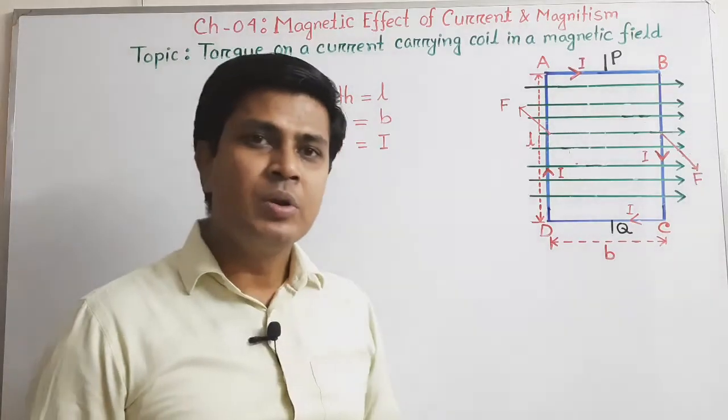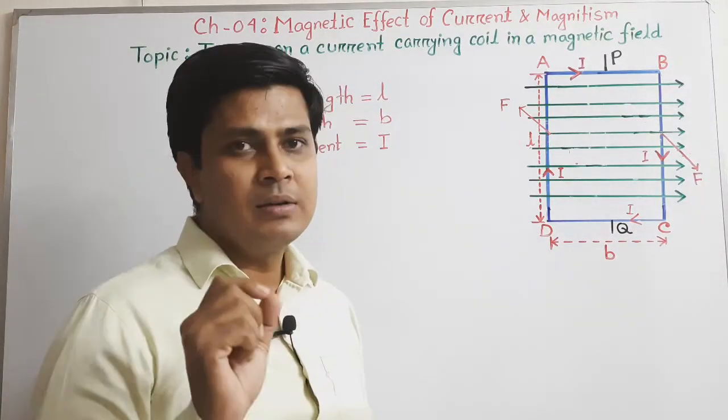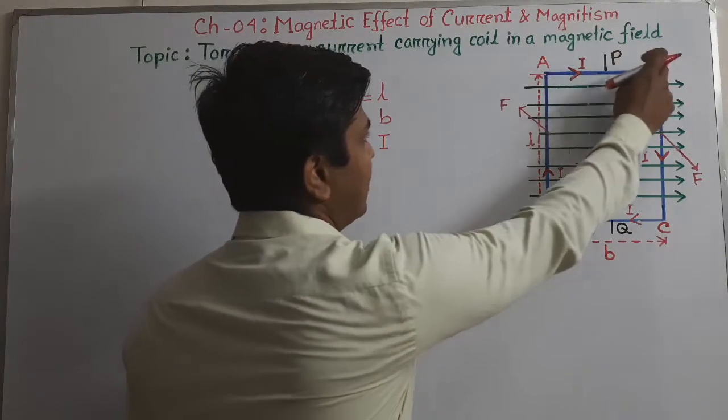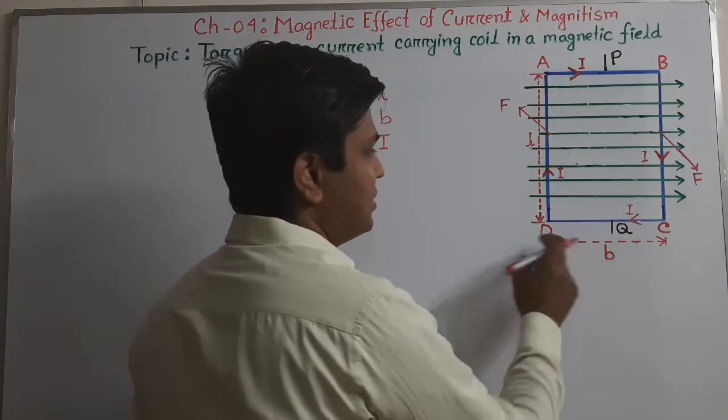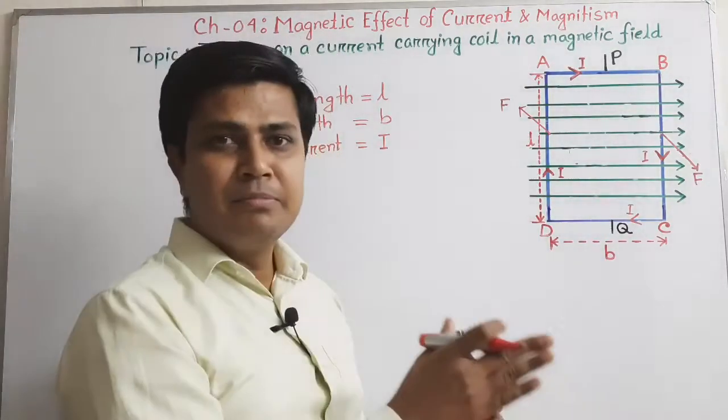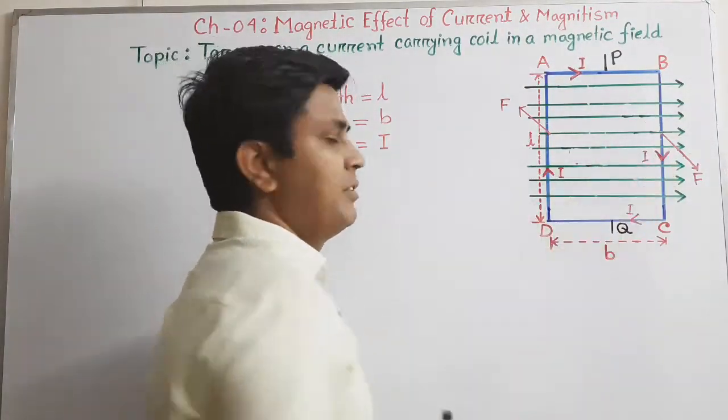Now I am going to calculate the force acting on AB and CD. Here AB and CD are acting parallel to the magnetic field.